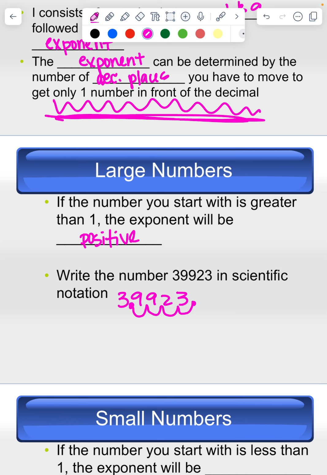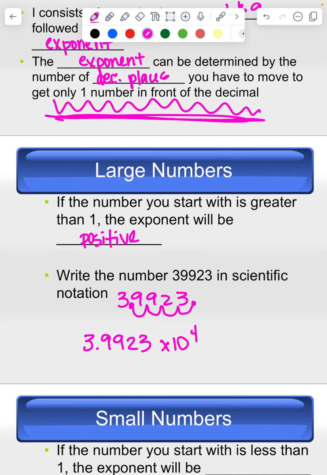So our coefficient is going to be 3.9923, times 10, and our exponent is going to be positive because the number is greater than 1, and it's the number of times that we moved our decimal. We moved it 1, 2, 3, 4 times. So that will be our answer in scientific notation.